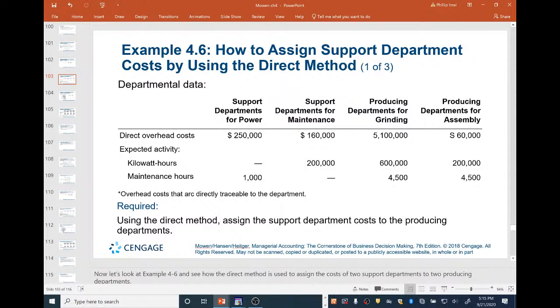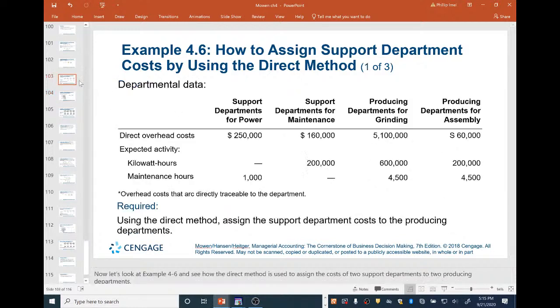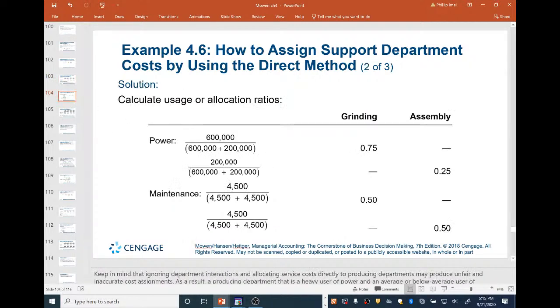So 600,000 over the 800,000, okay? That gives us 0.75 for the grinding. Everyone seeing that? For the kilowatt hours for the grinding, 600,000 over the total of both producing departments of 800,000. That gives us 0.75 as our ratio.